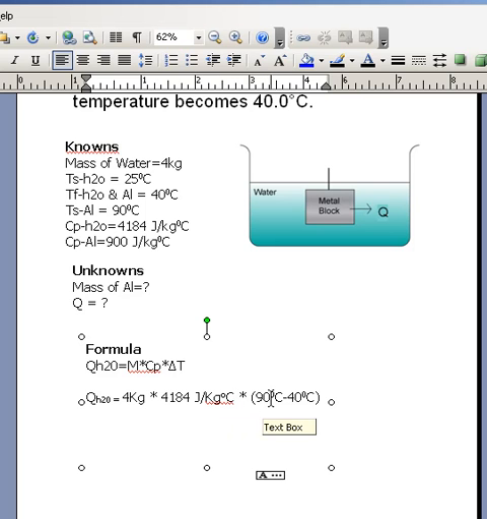Starts at 90 degrees and moves down to 40 degrees. That's not correct. Had to make a quick change there. It starts at 25 degrees and ends up at 40 degrees. So there's a temperature difference there of about 15 degrees. This is the formula we use. We'll get to it in the next video.